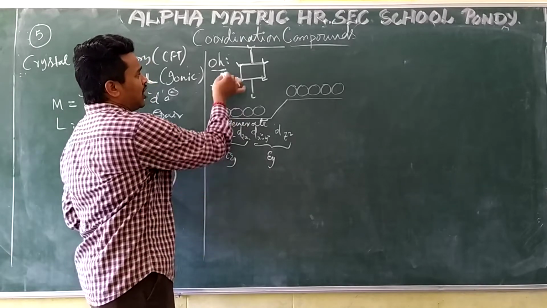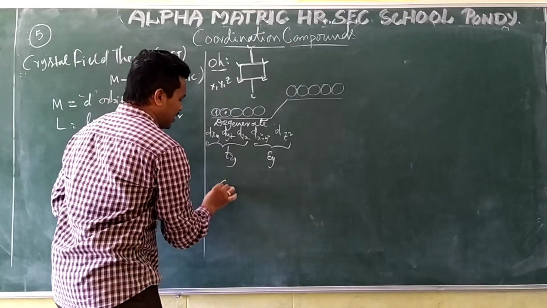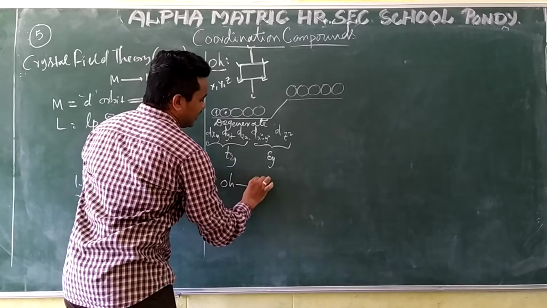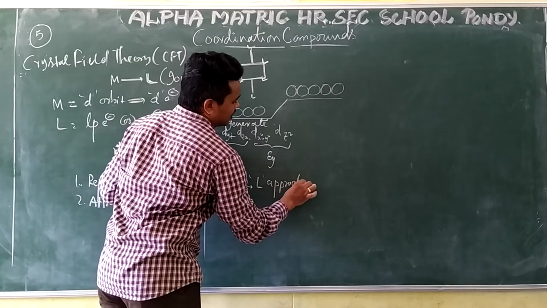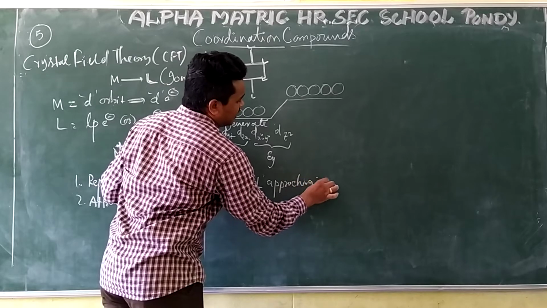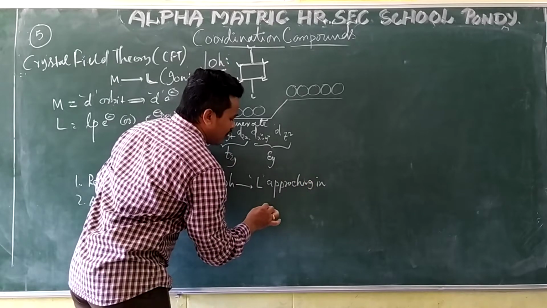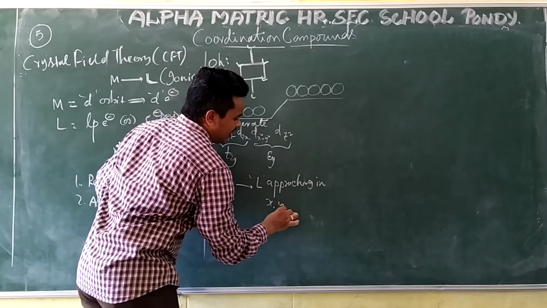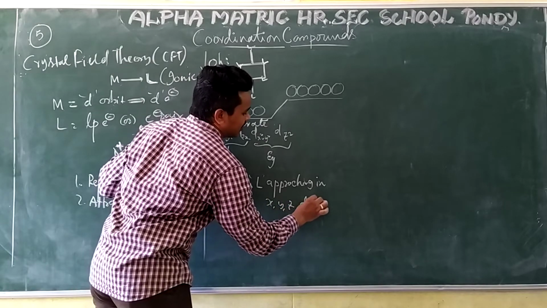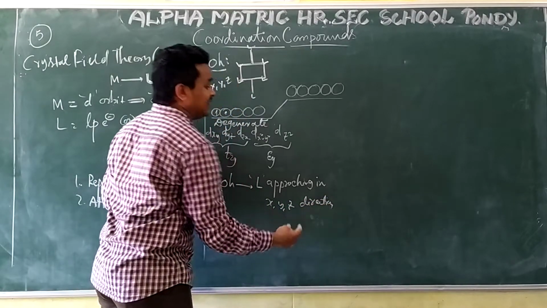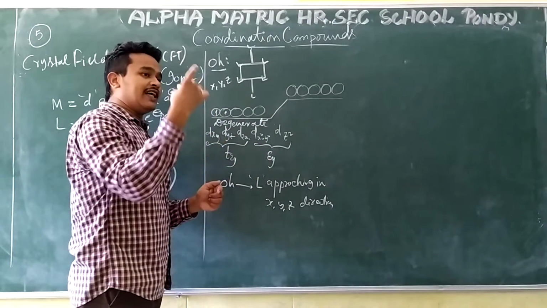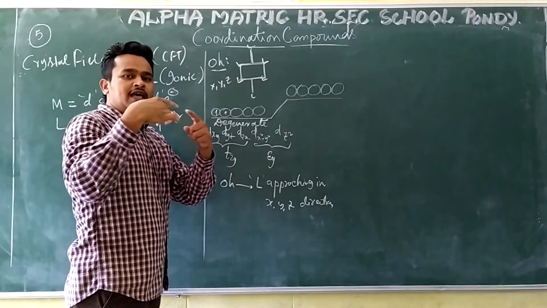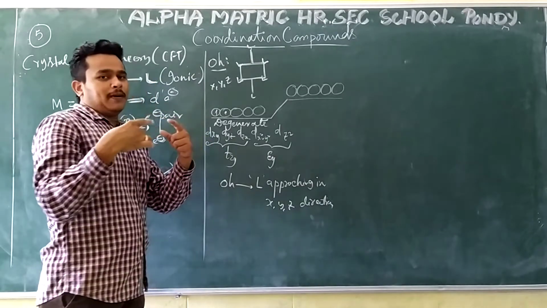So whenever you are talking about octahedral splitting, ligands are approaching. In which manner? Along the coordinate axes, in the x, y, z axis directions. Where electrons are in the direction of approach, there will be more repulsion.